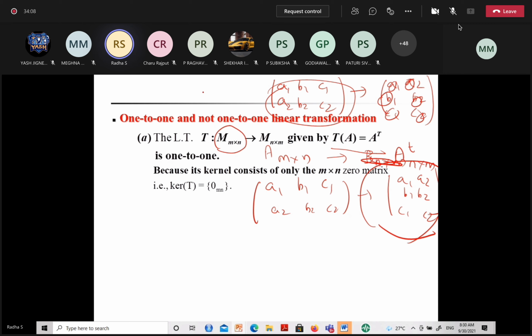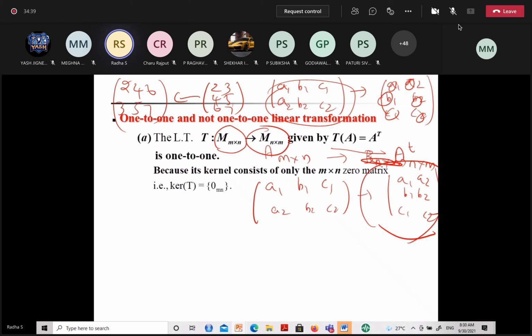Suppose this is a matrix in the range; what could be the pre-image of this? For every element in the range there is a pre-image. Just transpose and you will get it. No other thing you are going to do. Transposing is possible in all cases, for every matrix.